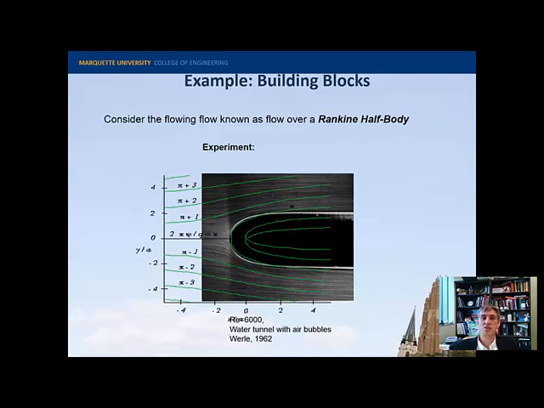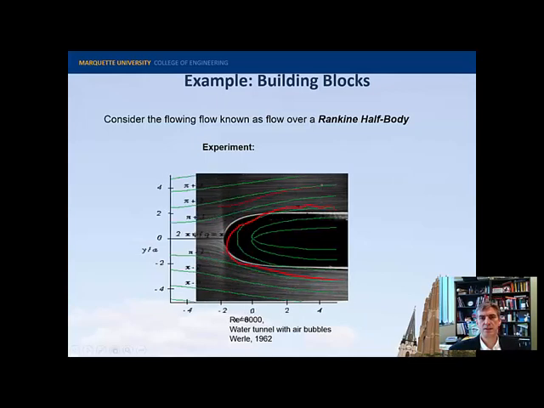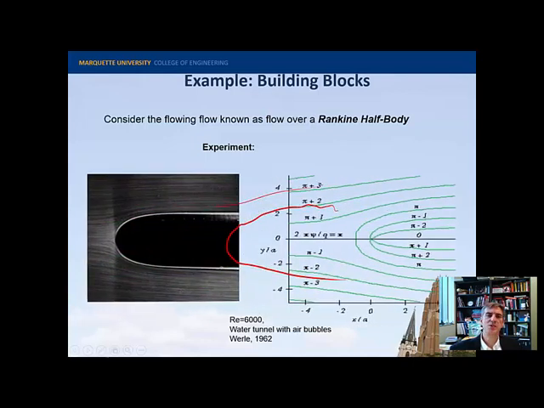So this is an approximation of what the streamlines look like. You can see it does a fairly decent job in capturing the leading edge, and you can see the streamlines therein. So if I separate these out, you can see that really what I have is this irrotational flow solution and the experiment.